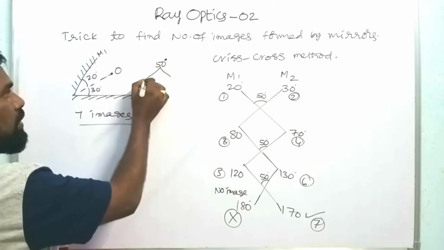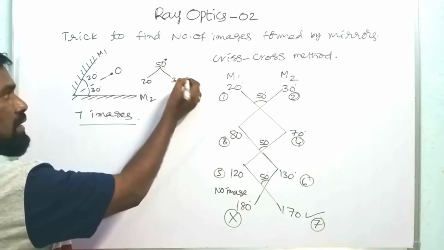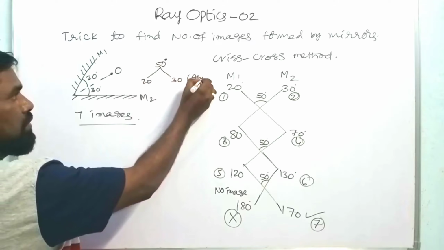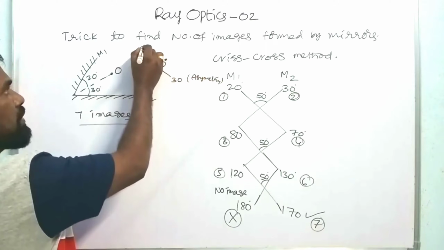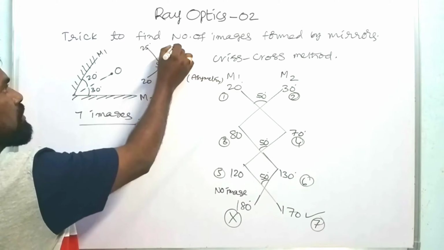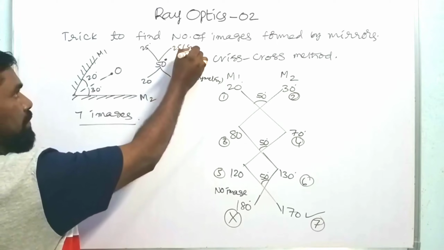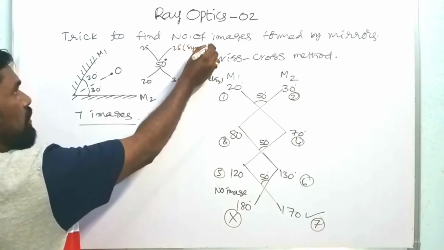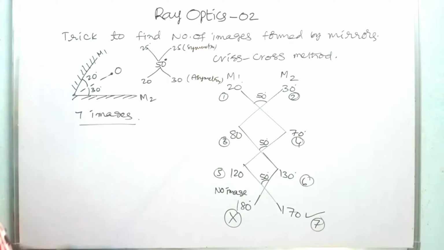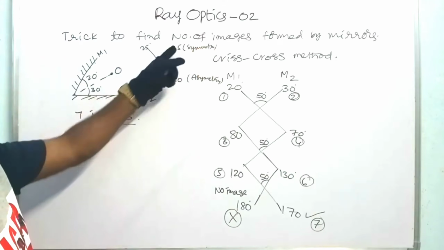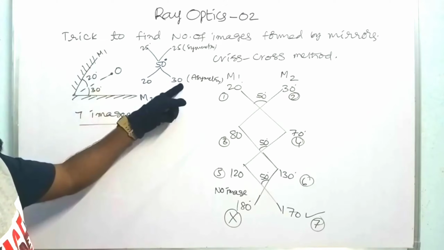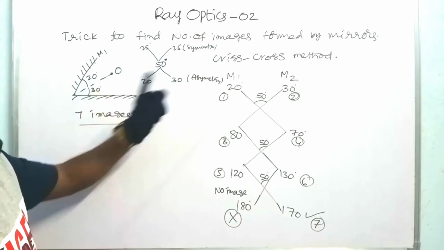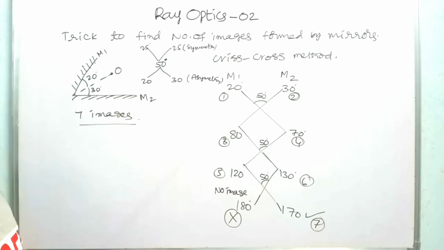In this, 20 and 30 degrees are asymmetric. If it is 25 degrees and 25 degrees, this is symmetric. The difference between symmetry and asymmetry: if two mirrors are separated at the same angle, that is symmetry. If two mirrors are separated at different angles, that is asymmetry.